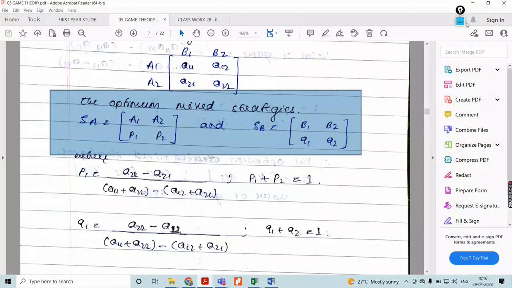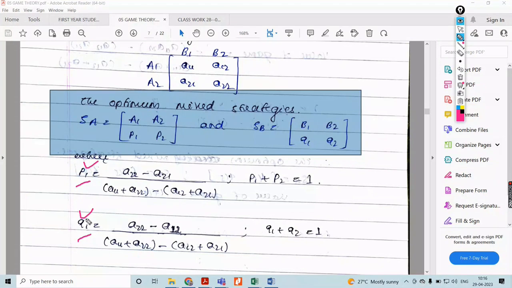What is the value of P1? What is the value of Q1? Remember these formulas. P1 is equal to (A22 minus A21) divided by (A11 plus A22 minus A12 plus A21).